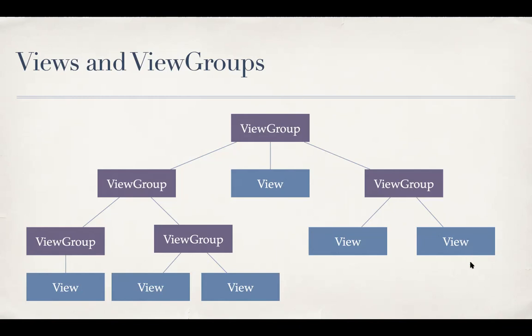And then think about how you access the buttons, etc. in the Java code. You simply call find view by ID. What that tells us is the Android system has a way of flattening this hierarchy and being able to extract an individual view from that flattened hierarchy, right?